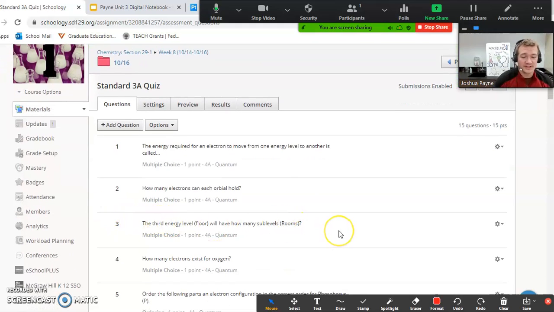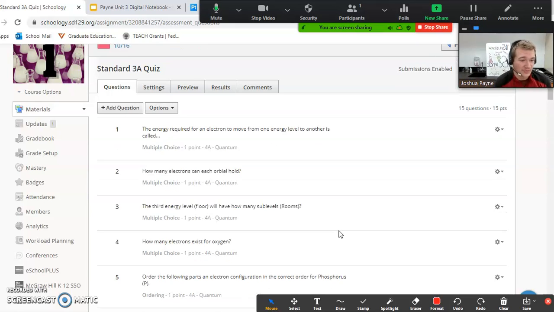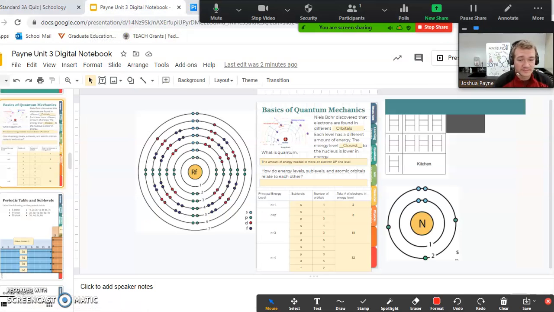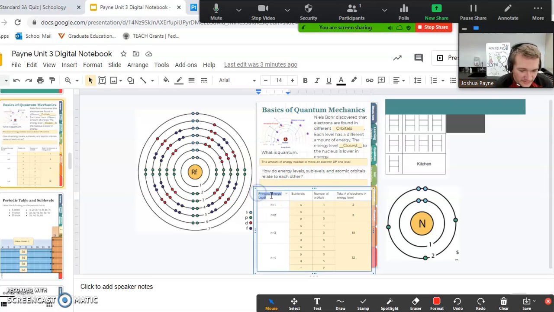On the third energy level, or floor, that third ring, how many sublevels or rooms are there? I figured this question would get a little confusing for you guys, and it looks like it might have stumped some people, but think about it this way. You guys can use your notes on the test. If you look at this table in your notes, you can look at principal energy level. That's our floor. So what floor are we on?